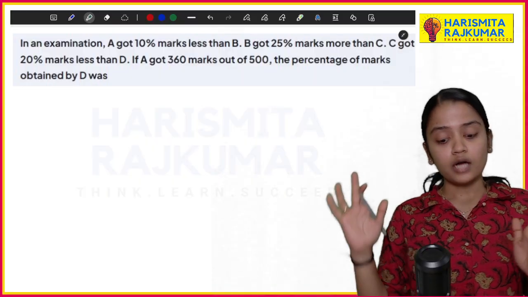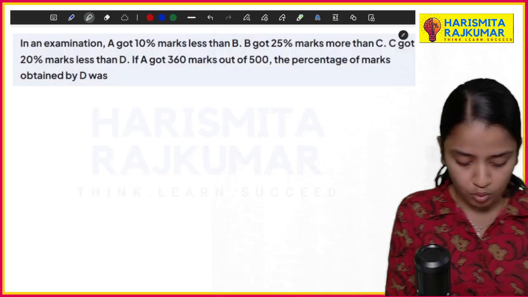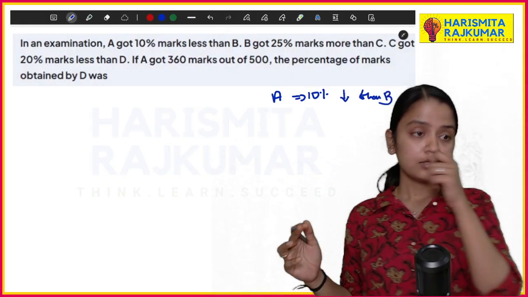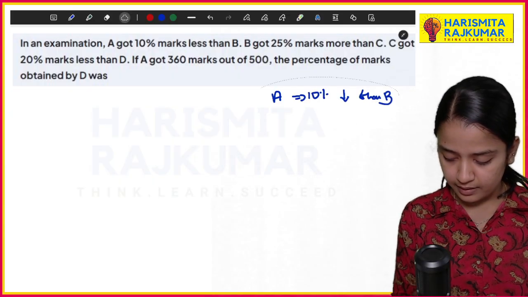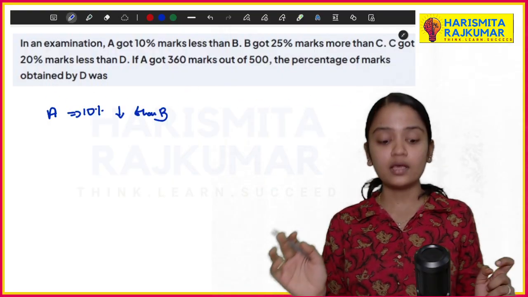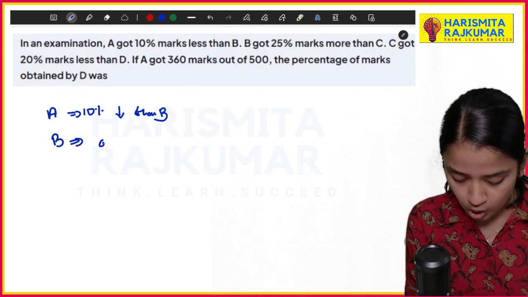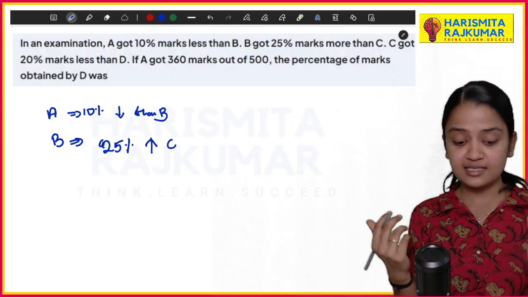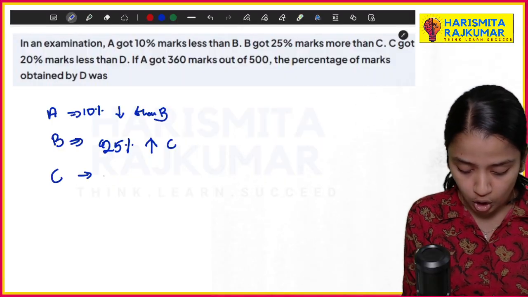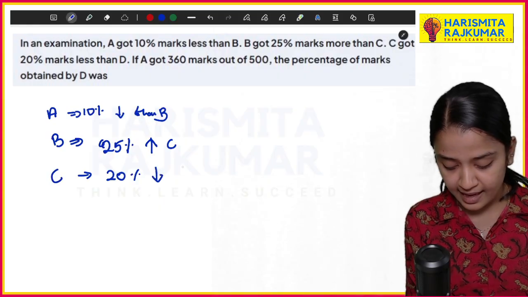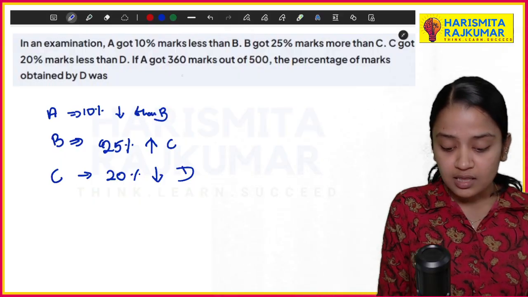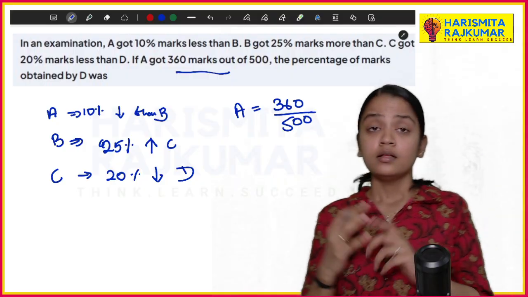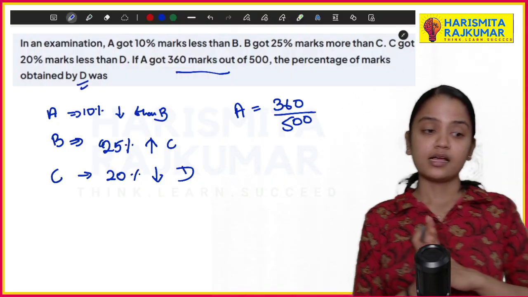A got 10 percentage marks less than B. B got 25 percentage of marks more than C. C got 20 percentage of marks less than D. If A got 360 marks out of 500, the question is the percentage of marks obtained by D.